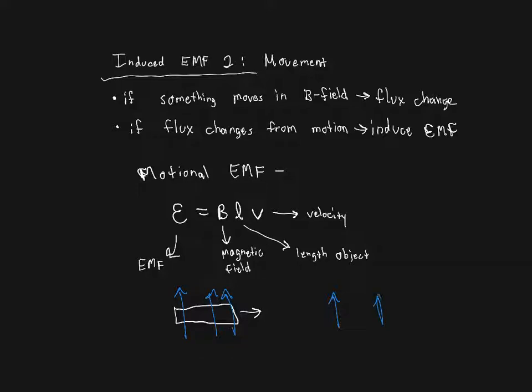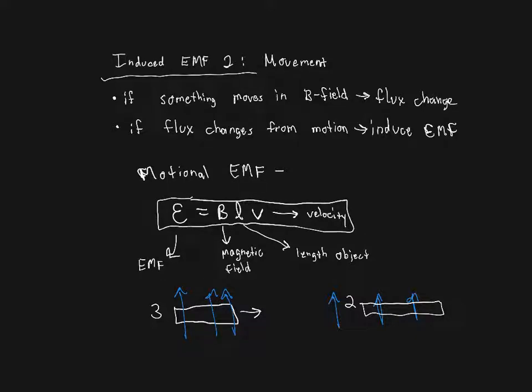So I take a look at this little loop a little bit later, and a little bit later it has moved now. Okay, so I've gone from having 3 lines at the beginning to just 2 lines at the end. So I've changed the magnetic field. I have a new magnetic flux. So that gives me a motional EMF. This EMF is B times L times V, the velocity that you're moving at.